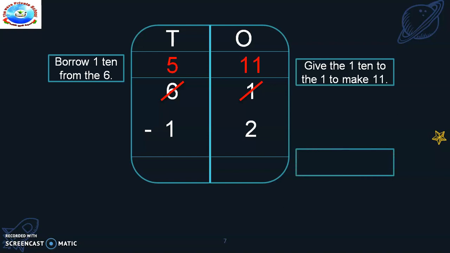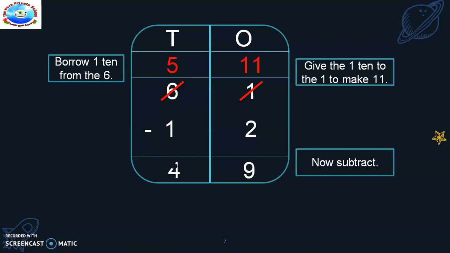Now, subtract 11 minus 2 to get 9 ones and write it in the ones column. And next, subtract 5 minus 1. 50 minus 10, we get 4 tens.